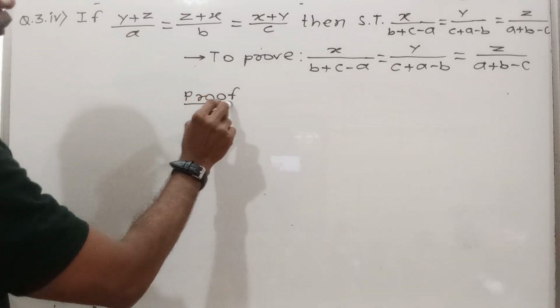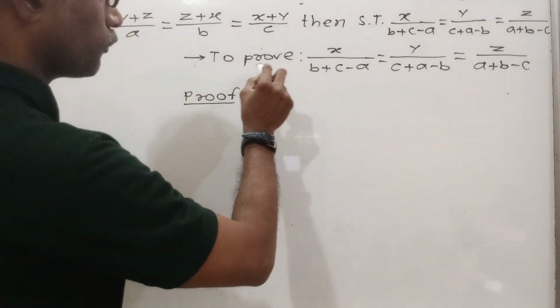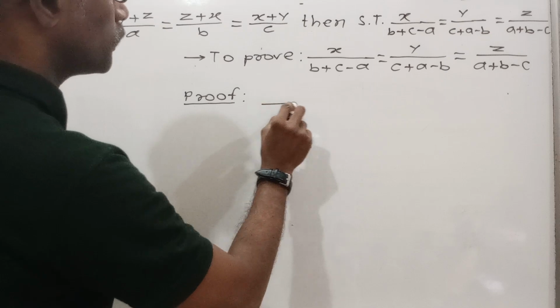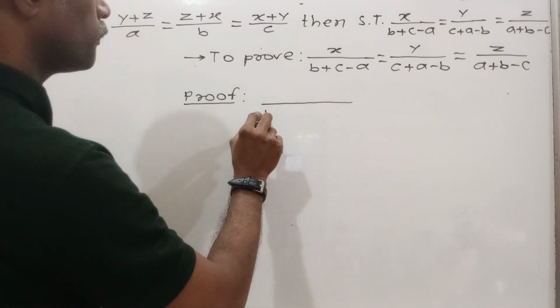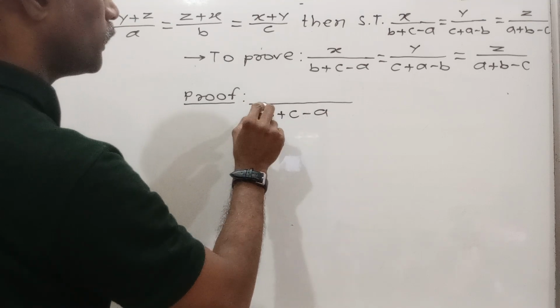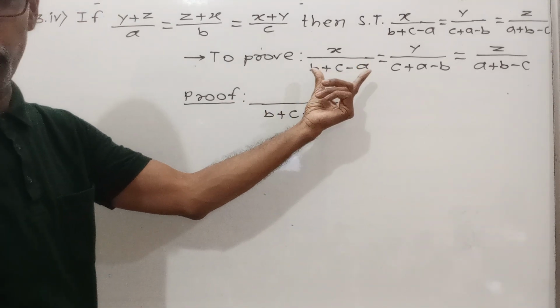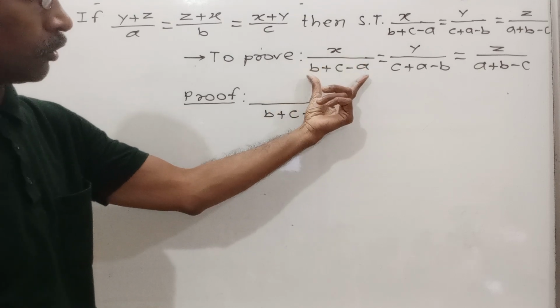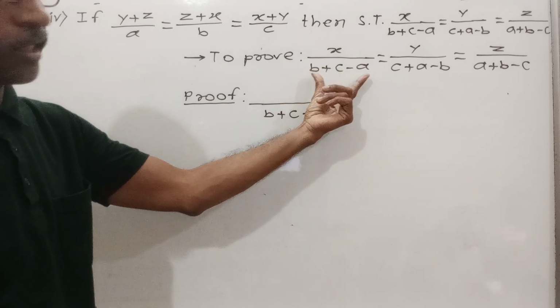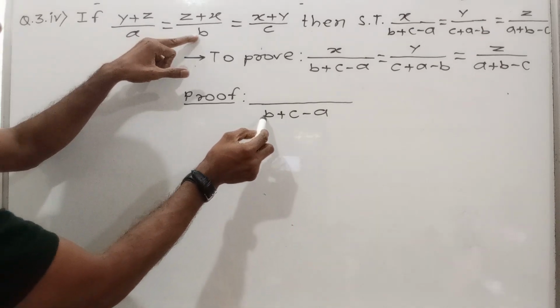See this proof. Now see this denominator of our to prove. See here carefully: b plus c minus a. This is the denominator of the first ratio. Now see here, b.